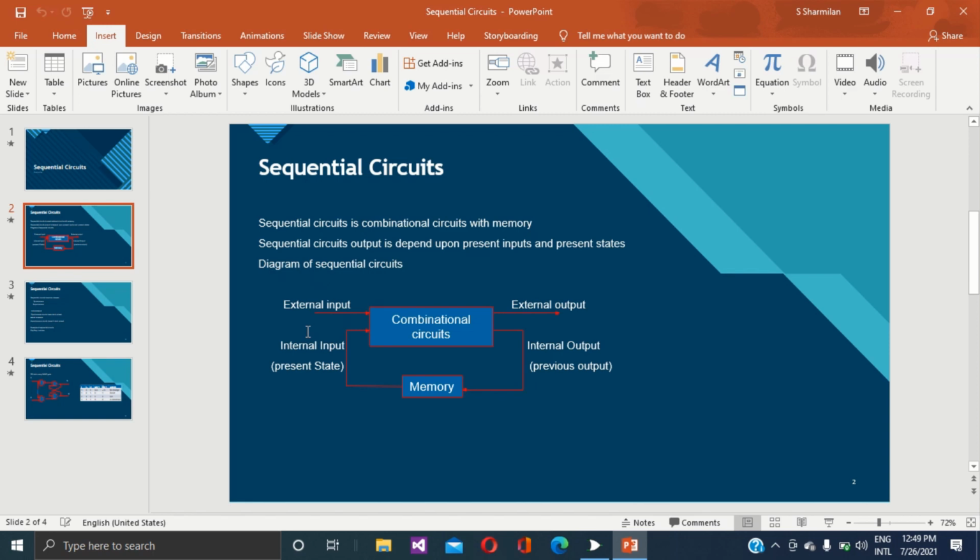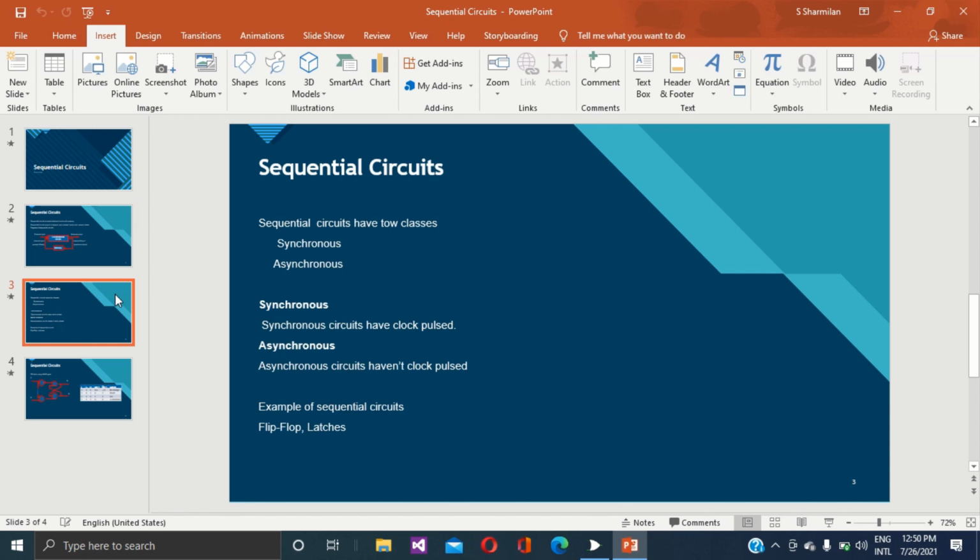This is a diagram of the sequential circuit. External inputs are present inputs. External outputs are next state outputs. Internal output means the previous output. Internal input means the present state.